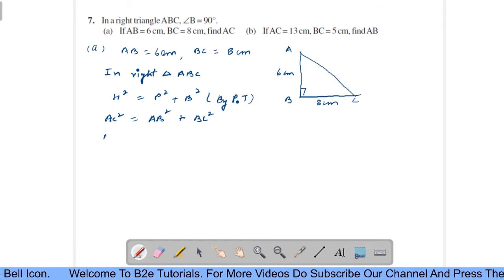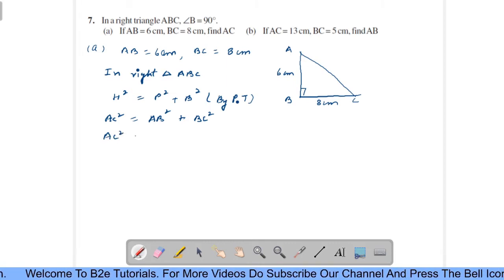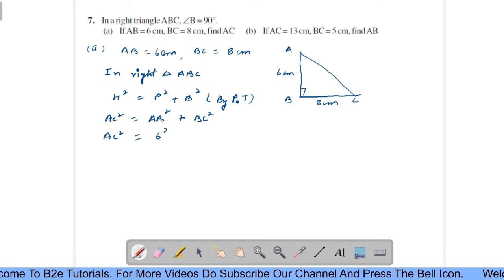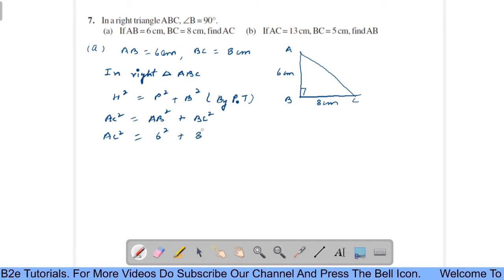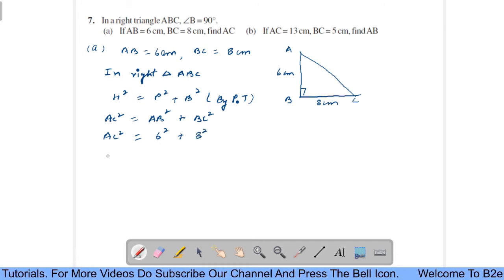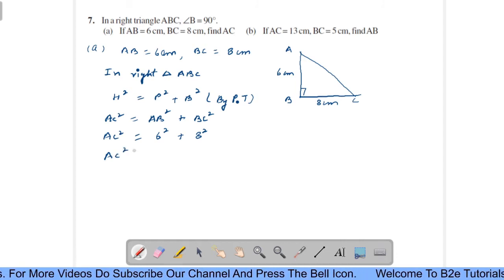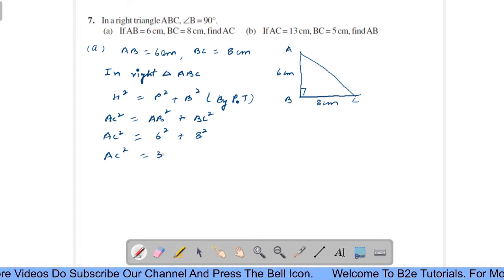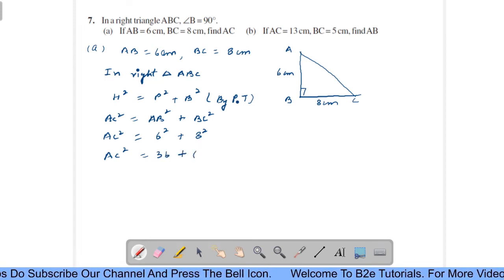Here AC square equals AB is 6, that is 6 square, plus BC, it is 8 square, or AC square equals the square of 6, it is 36, and the square of 8, it is 64.